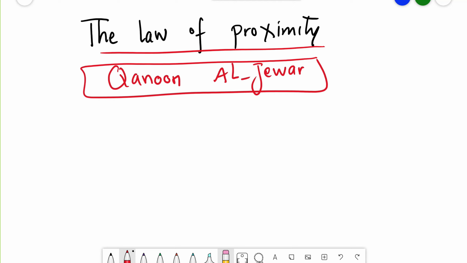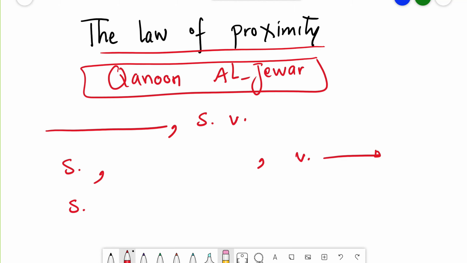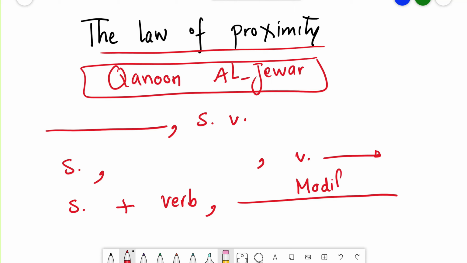So the modifier placement could be this way. In the beginning, and then we have got subject and verb. It could be here subject, and then here the modifier, and here the verb, and the rest of the sentence. It could be subject, and here the verb, and here comma, and here what? And here the modifier. So the modifier could be anywhere in the sentence. But what I really care about, it has to be very close to the thing or person it modifies.